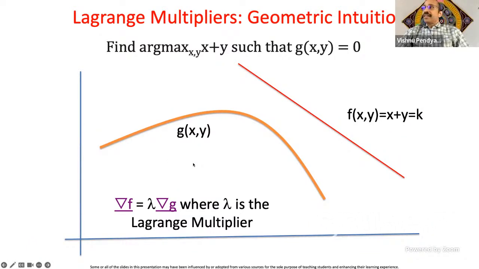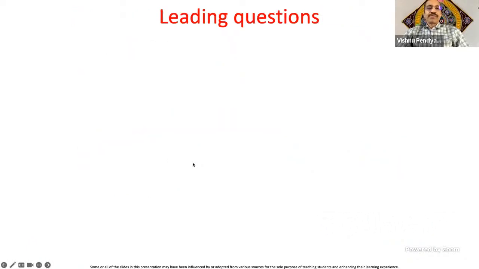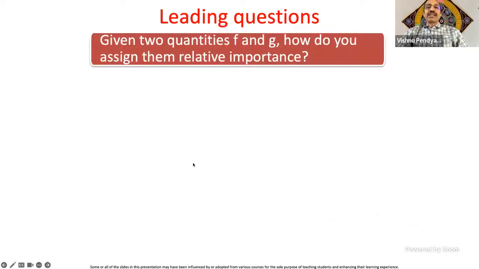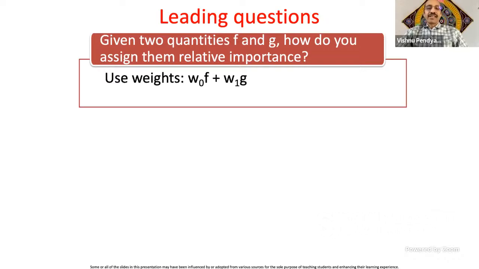So a few questions before we proceed further. Given two quantities f and g, how do you assign them relative importance? That's the whole idea in machine learning, right? We assign relative importances to features. So what is the mechanism to do that? We use weights, say W0 and W1. The first quantity is weighed by W0 and the second quantity is weighed by W1.